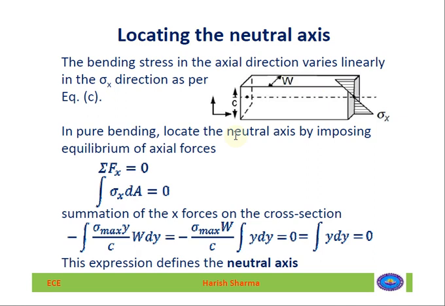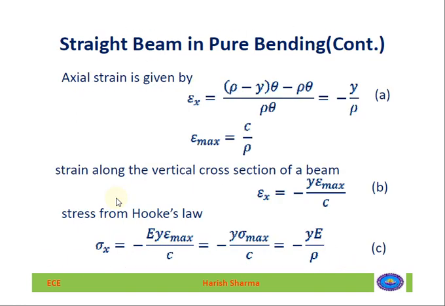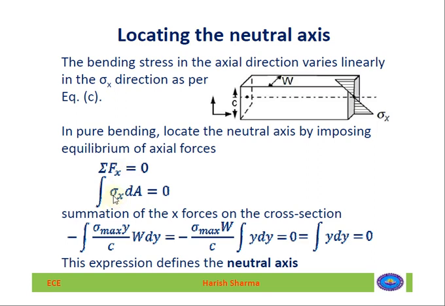So how can we calculate it? For calculating the natural axis in pure bending, we take the equilibrium of the axial forces; the total force at this axis will be 0. So the summation of Fx is equal to 0. What is Fx? Stress is F upon A, so we can write F equal to sigma x into dA.